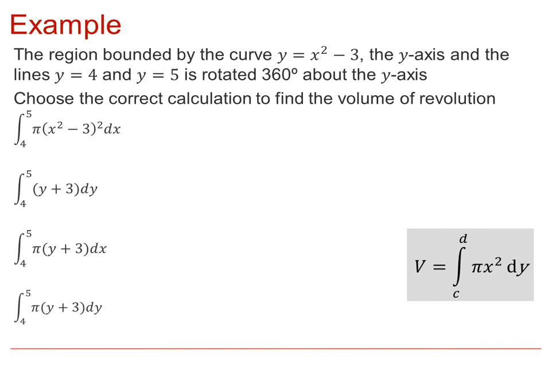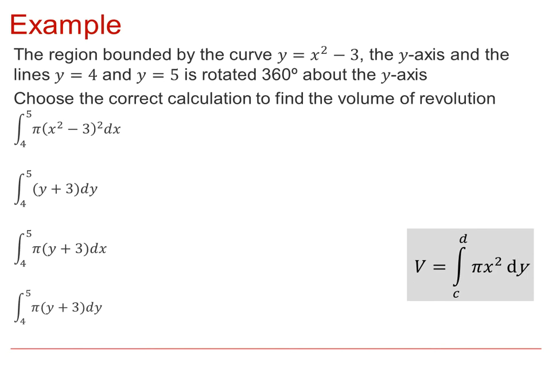For ease, we've put the formula in a box on the same slide. Looking first, we can see that we've integrated, so that's correct. We can see that we've chosen the lines y equals 4 and y equals 5 as the limits for all of them, so all of that is correct.